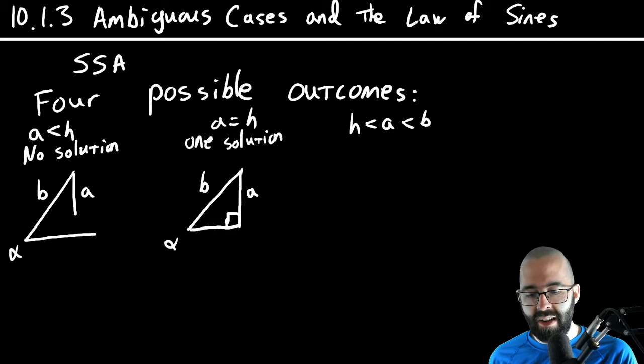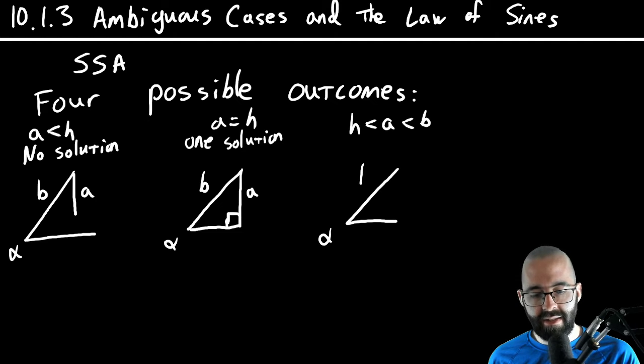Because if A is long, well then sometimes it can swing this way to represent that possibility. This could be A right here, but sometimes it's long and it has to swing the other way.